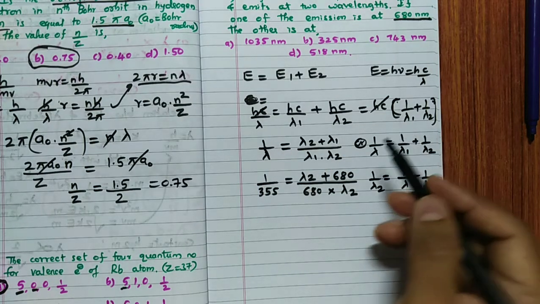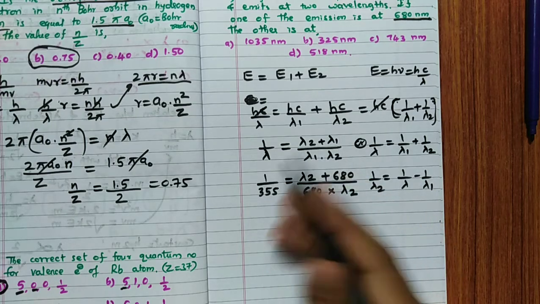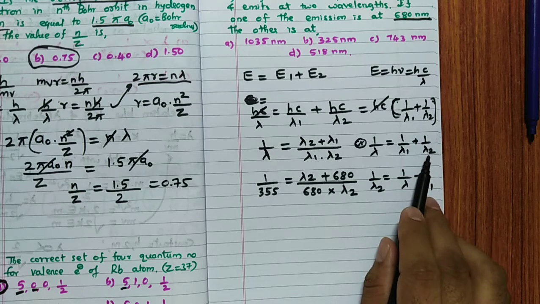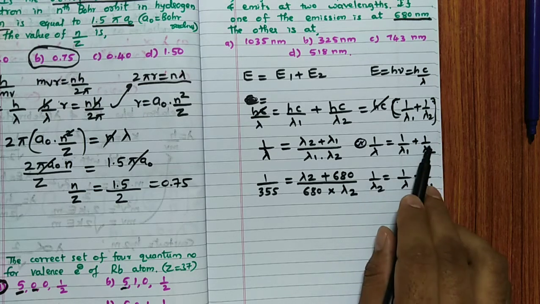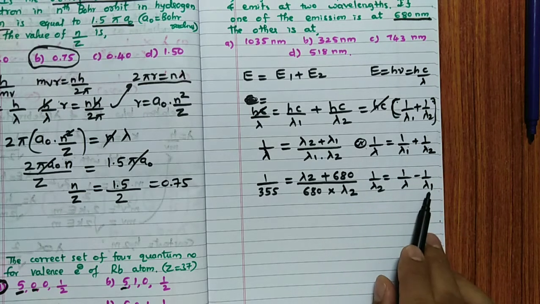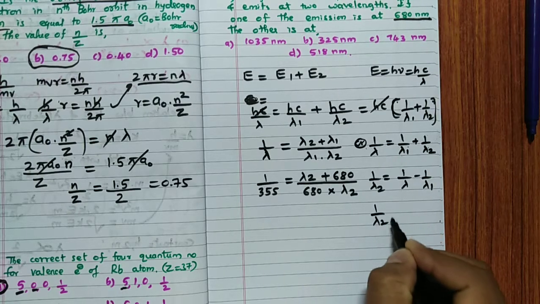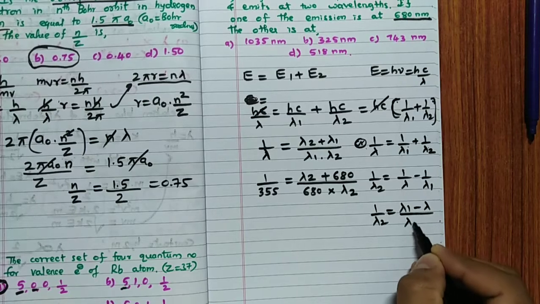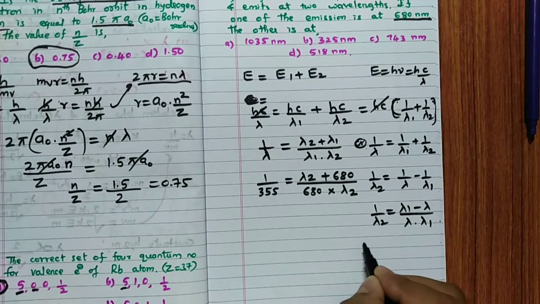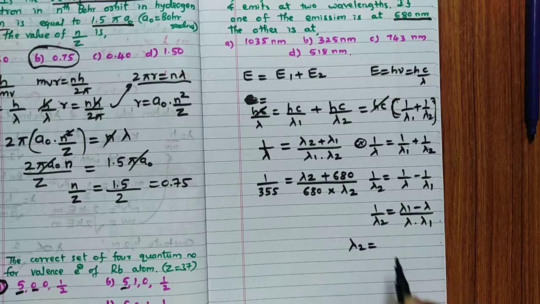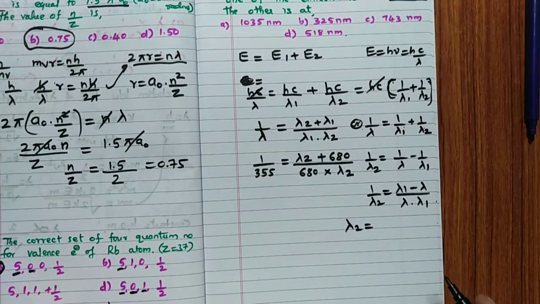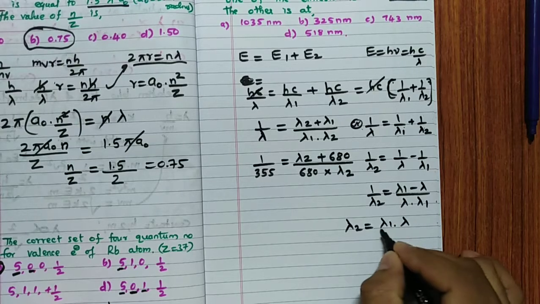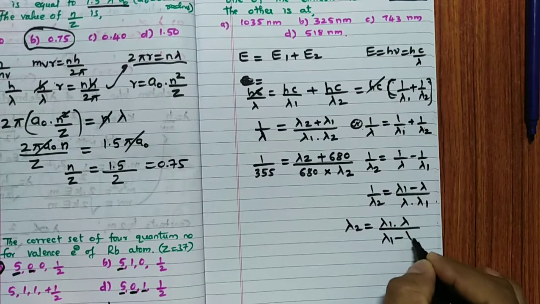Yes. Now you can see, instead of doing like this, because once again we will get a large equation. So 1 by lambda is equal to 1 by lambda 1 plus 1 by lambda 2, you consider. So 1 by lambda 2 is equal to 1 by lambda minus 1 by lambda 1. So 1 by lambda 2 is equal to lambda 1 minus lambda divided by lambda into lambda 1. So lambda 2 you can write as lambda 1 into lambda divided by lambda 1 minus lambda.